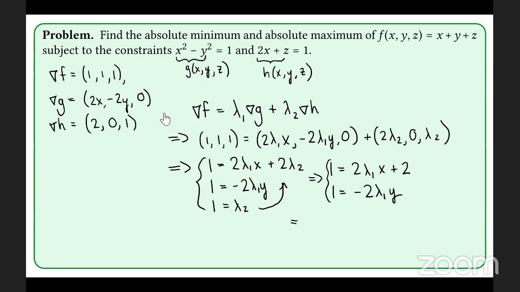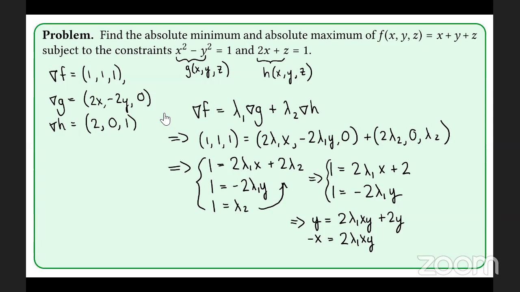I'm going to multiply this by negative x, so 1 and negative x, and here I get 2 lambda 1, and I'm going to multiply this by y. So y equals 2 lambda 1 x y plus 2y, and negative x is equal to 2 lambda 1 xy.